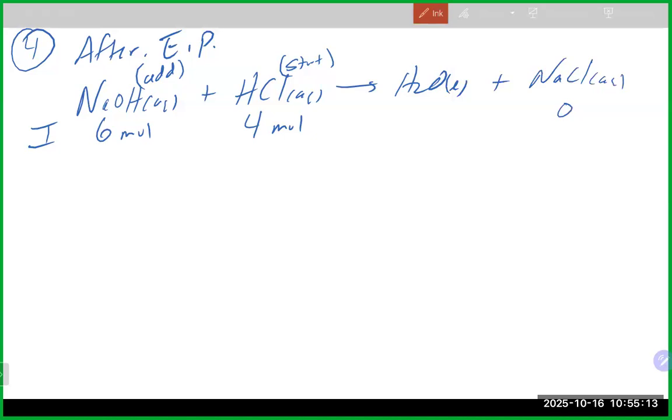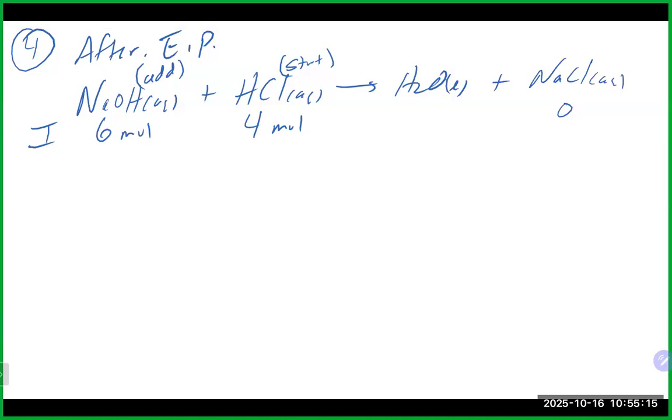Now, what happens because you basically blew past your equivalence point is there is a change in our limiting reagent and our excess reagent. The HCl in this case is now the limiting reagent because we have less of it than our excess reagent, which is our 6 moles here. So the change is actually always the smallest number, which is going to be our HCl.